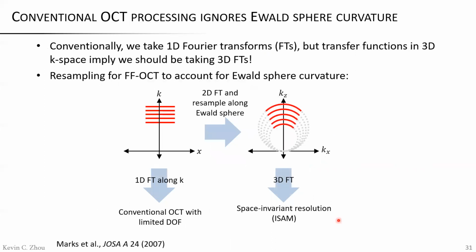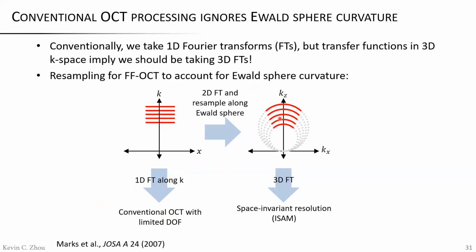The reason why we have limited depth of focus in OCT is that conventional OCT processing ignores this Ewald sphere curvature. And the penalty for this ignorance becomes more severe the higher the NA, because the curvature becomes more significant at higher NAs. So conventionally, this is what we assume, and we take 1D Fourier transforms along the wave number dimension, and then we get the limited depth of field.